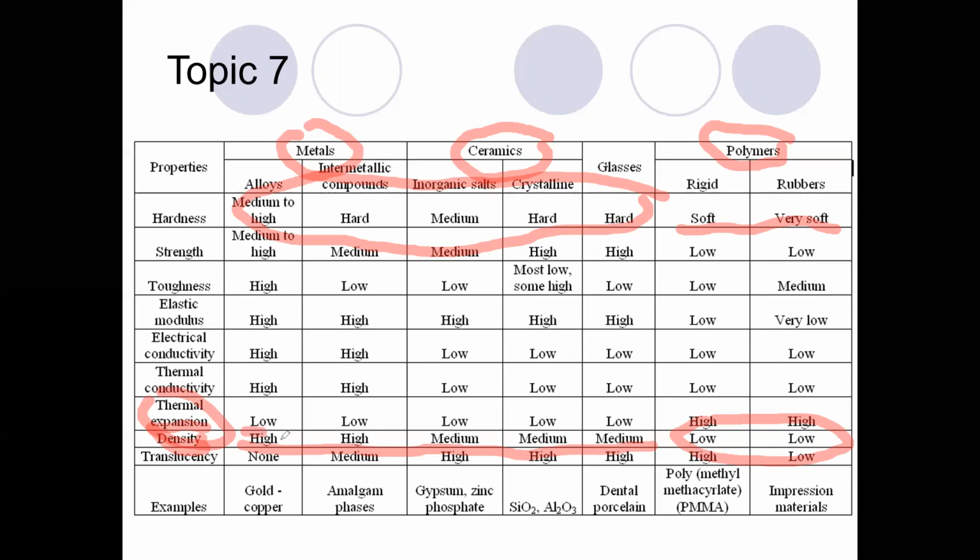We have low thermal expansion for metals and ceramic, but high for the polymers. And thermal conductivity is very, very high for the metals. So we need to know that table to think about the usage of the different types of material for the different purposes.